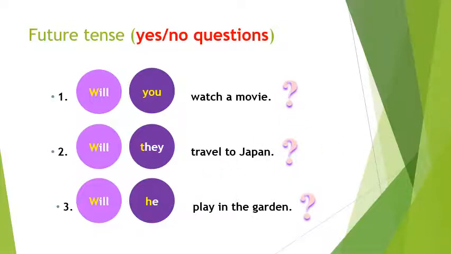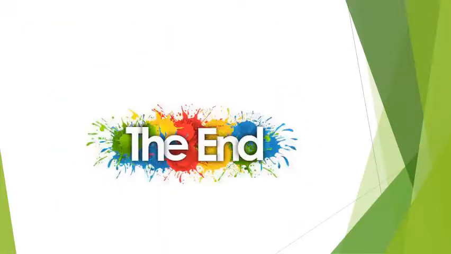All right, so I think basically that's all for today. We have learned what the simple future tense is, what it looks like, and the structure of the simple future tense: will plus bare infinitive. Make sure you don't add s, no ed, no ing to the verb after the word will.